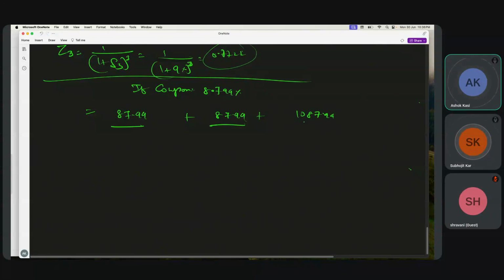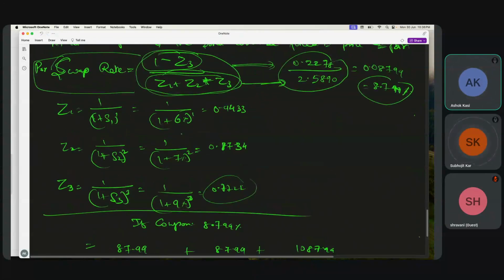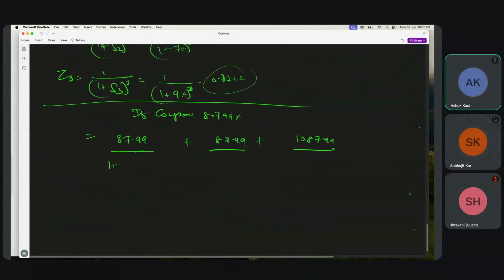This is the cash flow from the bond. Now the first year spot rate is 6%, then 7% and 9%. 87.99 discounted at 6% raised to 1 gives 83.0094. Keep it in store 1.